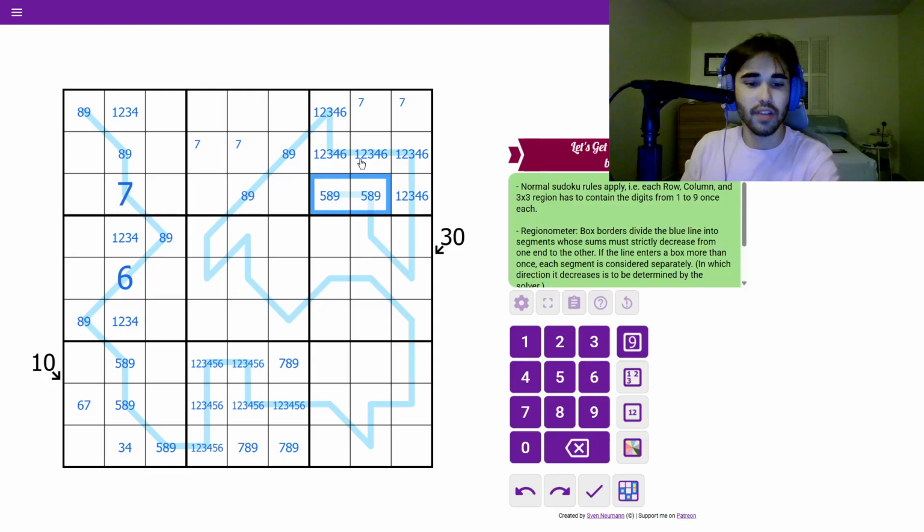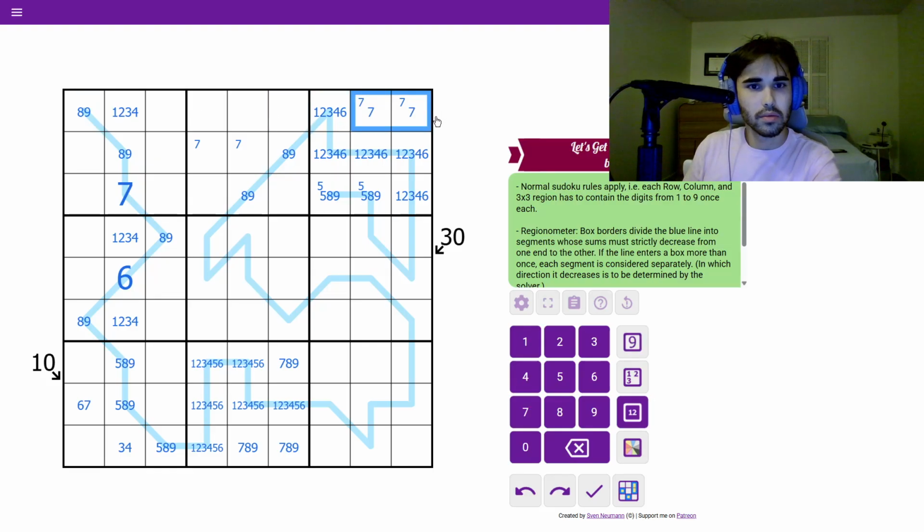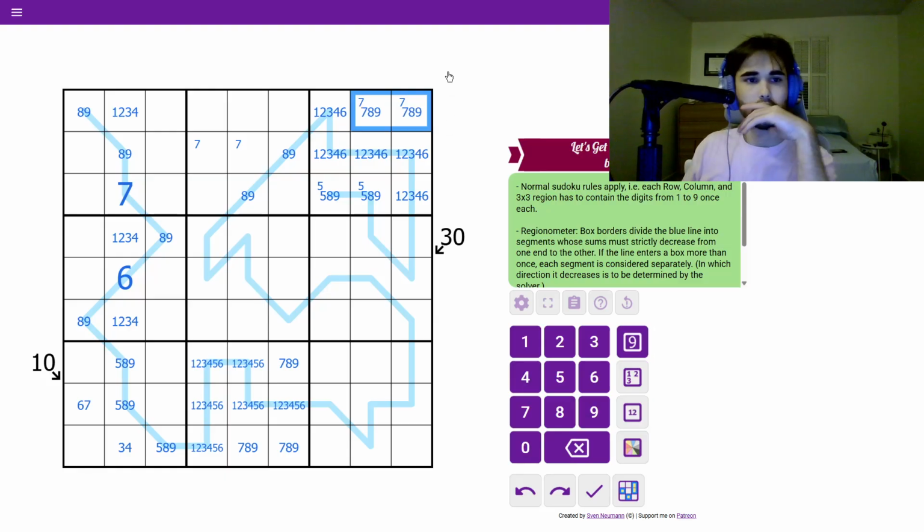It definitely includes a 5. We know that. And then this includes the other 8 or 9. So there's a virtual 8, 9 pair there as well. 8, 9 pair here, 8, 9 pair here, 8, 9 pair here. There's like all these virtual 8, 9 pairs.